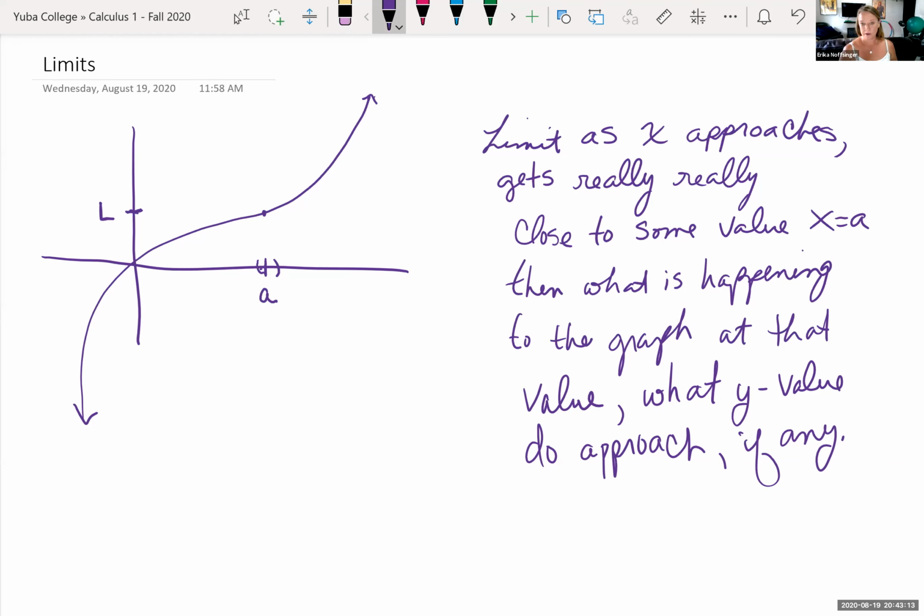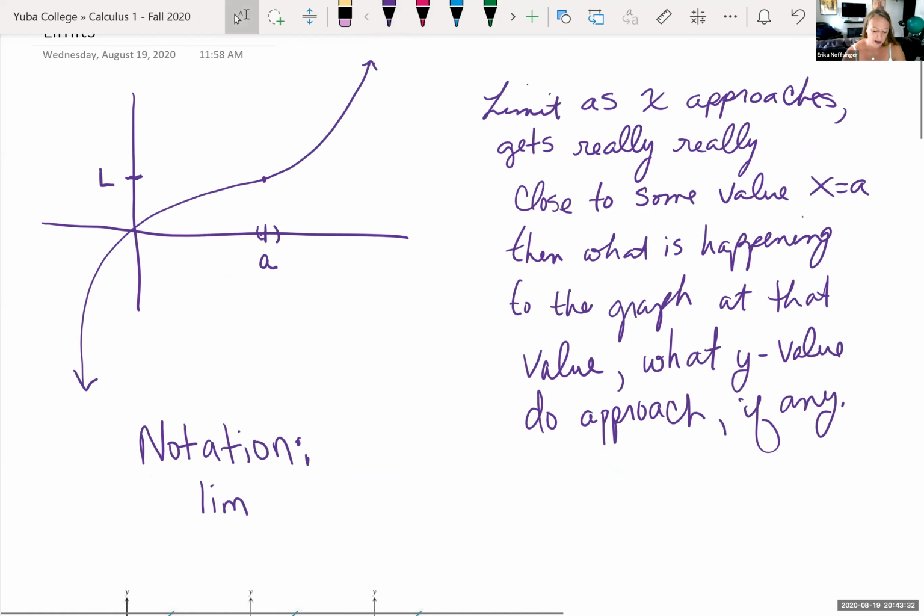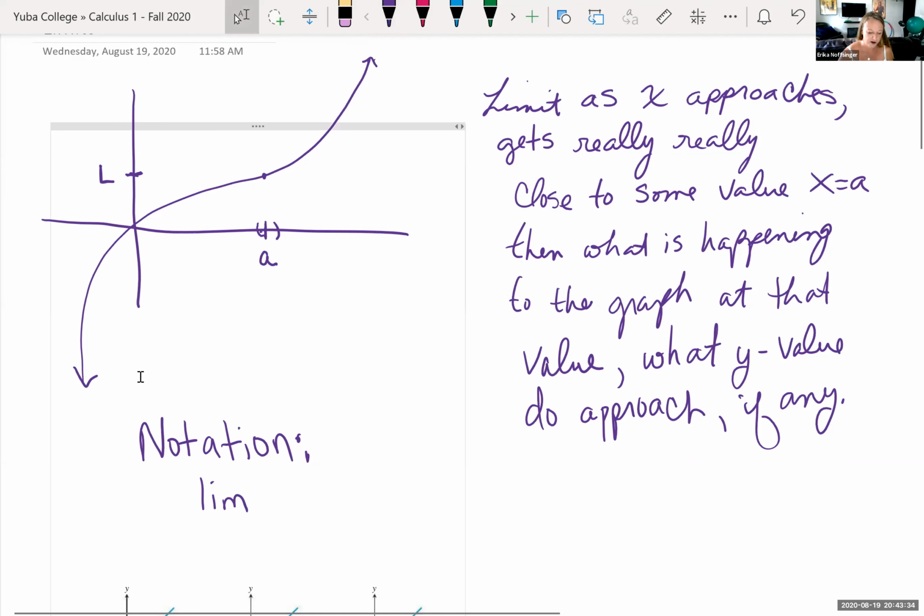Notation on how we would write this. If we're looking at limits, it's LIM, short for limit. Underneath the LIM, and normally I do that in cursive, you're going to do your x value or whatever variable you're looking at.